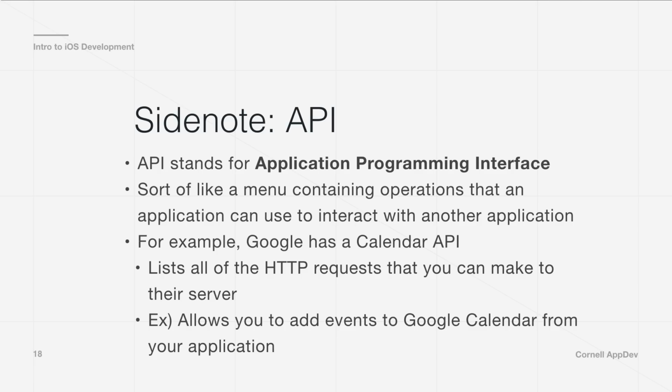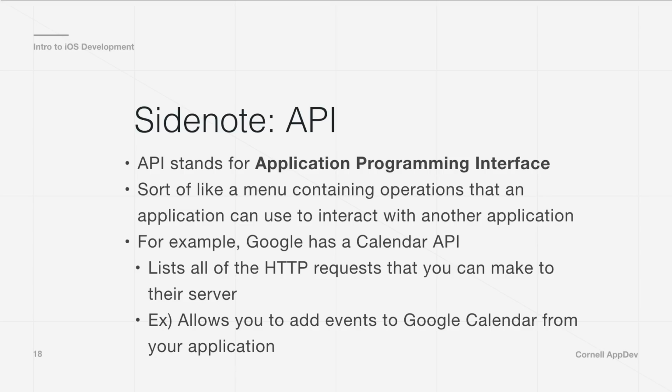Oh, also as a side note, I know in our hack challenge proposal, we mentioned the term API, and I know some people may not have heard of that before. API just stands for Application Programming Interface, and you can think of it as a menu that lists all the operations that allow your application to interact with another application.